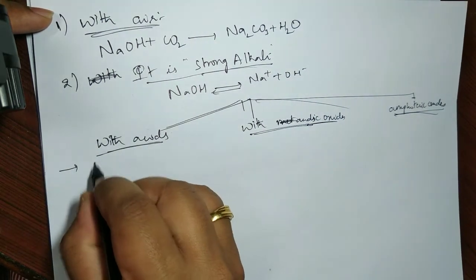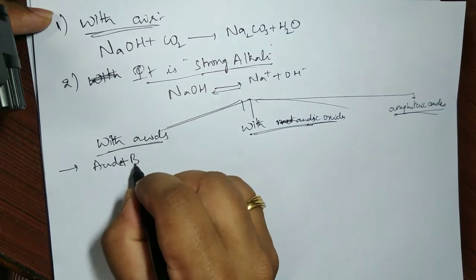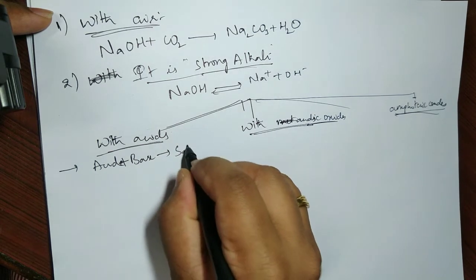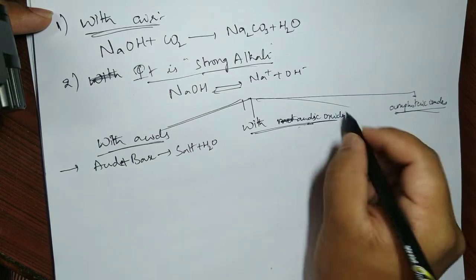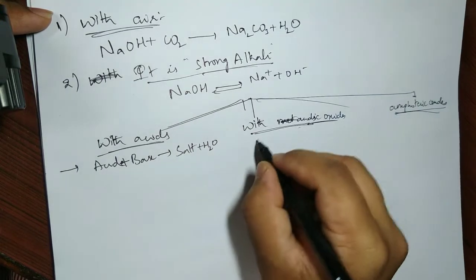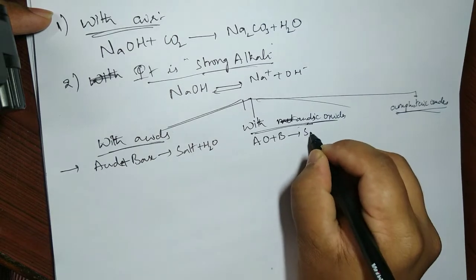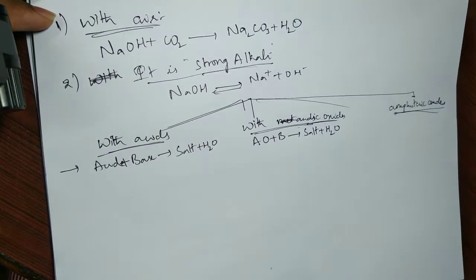With acids, for example, acid plus base, this base will give what? Acid in 7th standard you should have studied. Acid plus base gives salt plus water. Acidic oxides also, they are what? Acidic oxides, and this base will form salt plus water. So in fact I'll see that also.